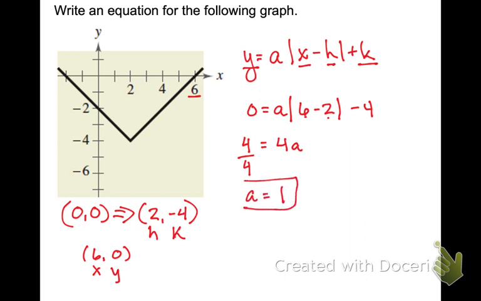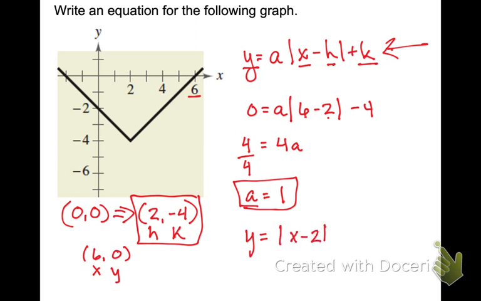So a is 1 and I have my h and k. Should I be able to fill in this equation? Yes. So y equals, do I have to put my 1 there? No. The absolute value of x minus 2, minus 4. I like to write them rather than graph them.